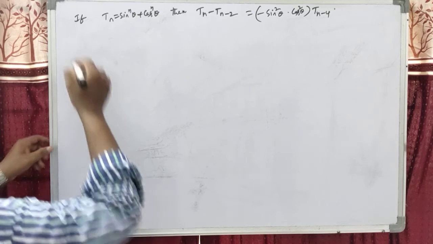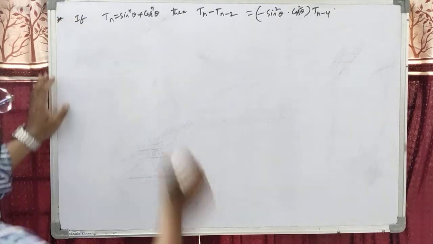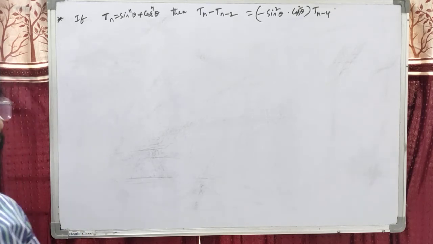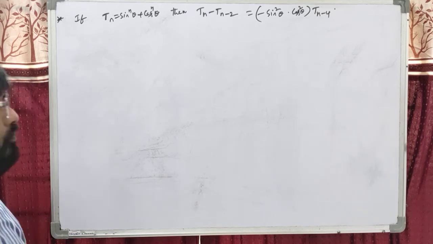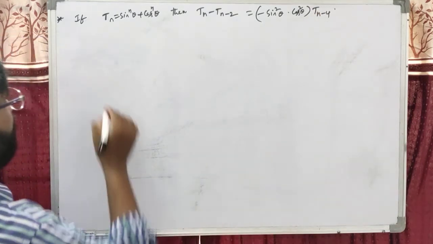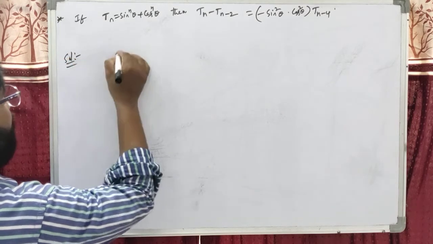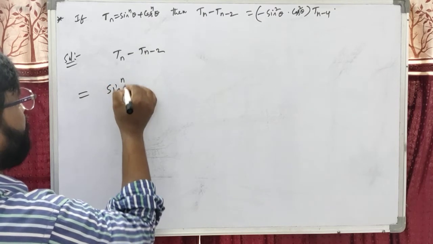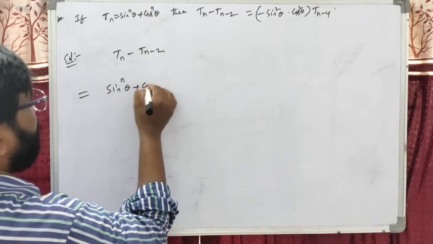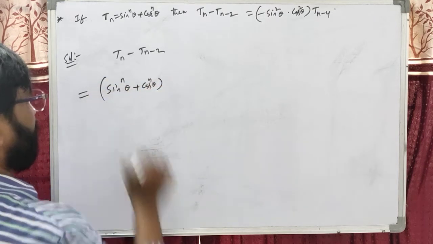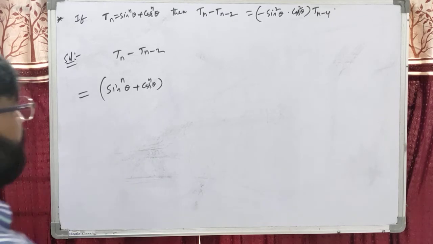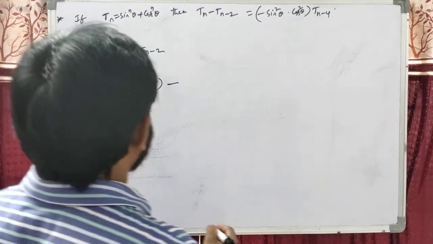Dear students, if Tn equals sin power n theta plus cos power n theta, then we have to show that this one. Dear students, Tn is sin power n theta plus cos power n theta, minus Tn minus 2.